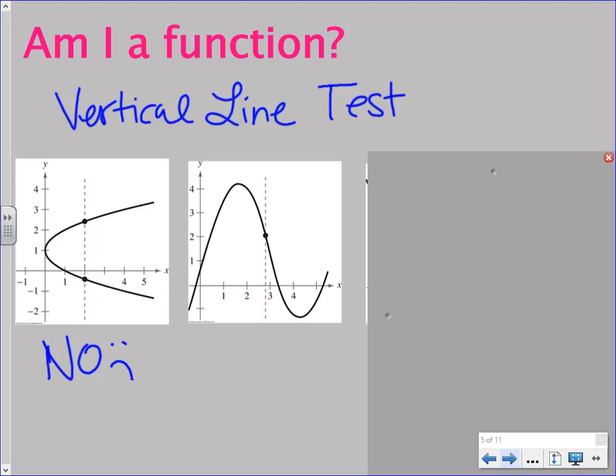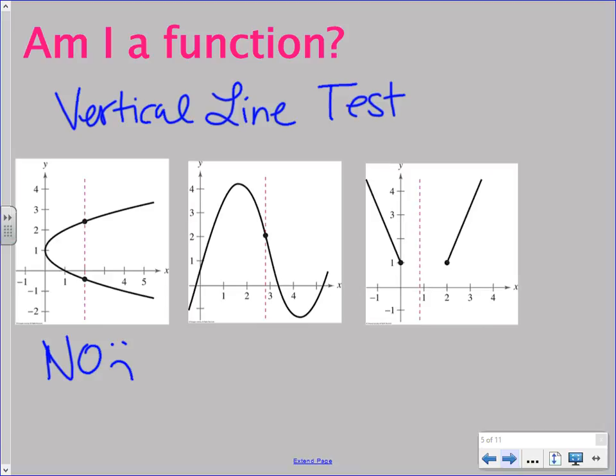You only see one vertical line drawn here, but we can imagine if we draw lots of vertical lines, it's always going to pass, right? Is this a function? Yes, it is. It is a function. It is okay to have a gap where it hits no times. That's not against the rule. It just can't hit more than once.